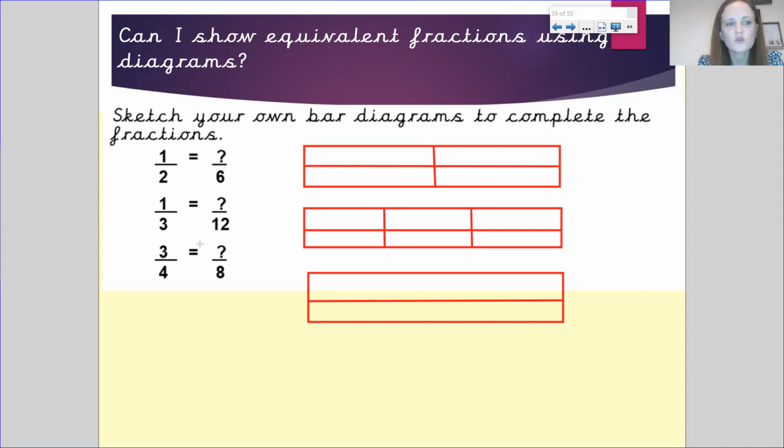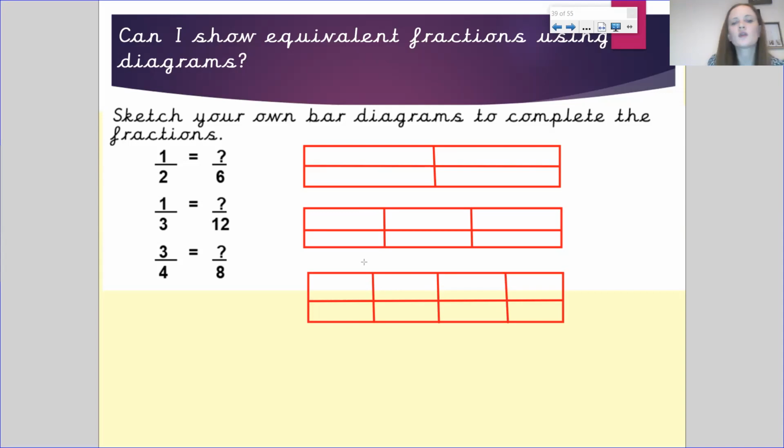So that one is into thirds, and then this one would be into quarters. So we've got 1, 2, 3, 4 equal parts there.